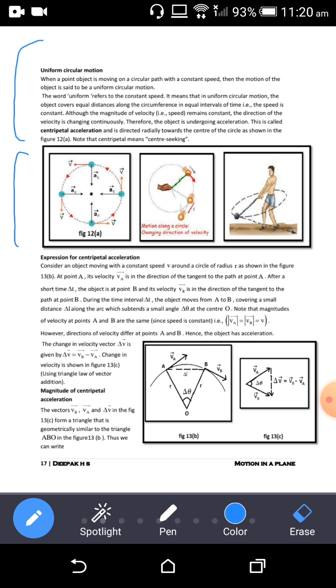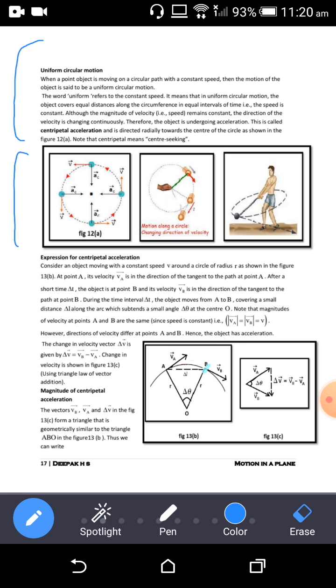Next, let us say that the direction of velocity changes at point A and point B, as you can see in the figure itself, but the magnitude remains the same at point A and point B. Hence we write the magnitude of vector vA is equal to the magnitude of vector vB, that is simply considered as v.